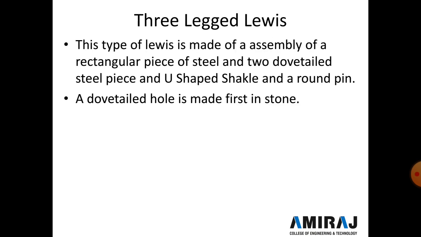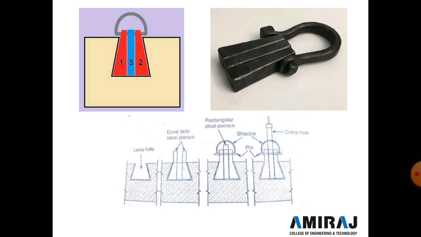Next is three leg levis. This type of levis is made of an assembly of a rectangular piece of steel and two deviated steel pieces of U shape, and a round pin is used. A deviated hole is made in a stone. So see this figure.